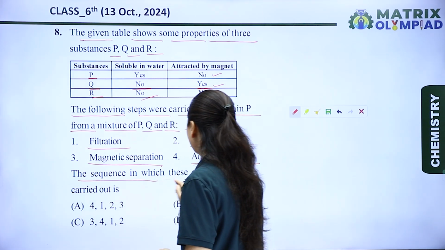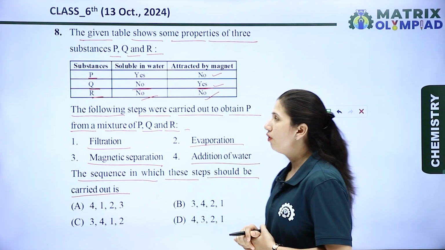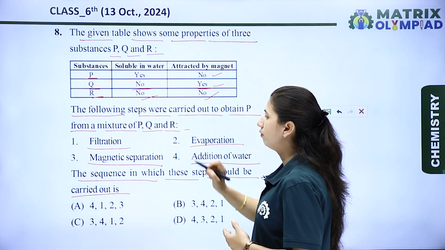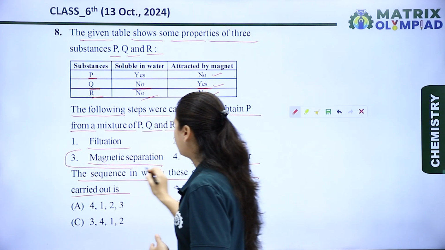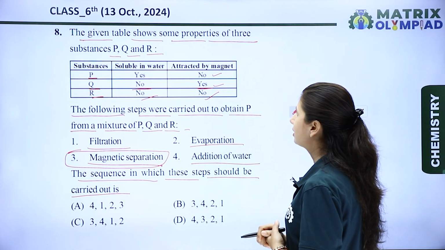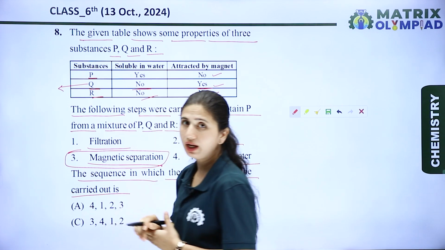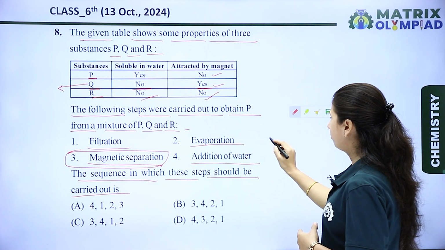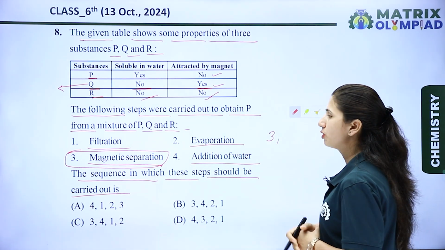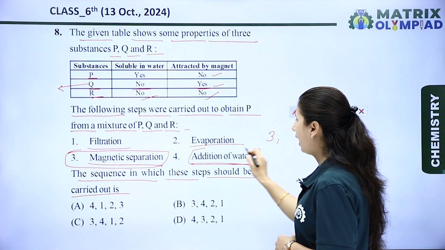The sequence in which these steps should be carried out is, first, from the mixture, the first method is magnetic separation. From the magnetic separation method we can separate Q. After that magnetic separation method we add the water.